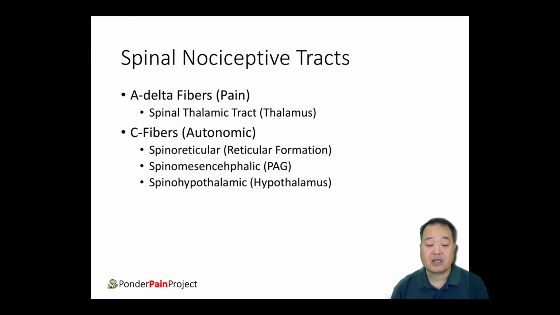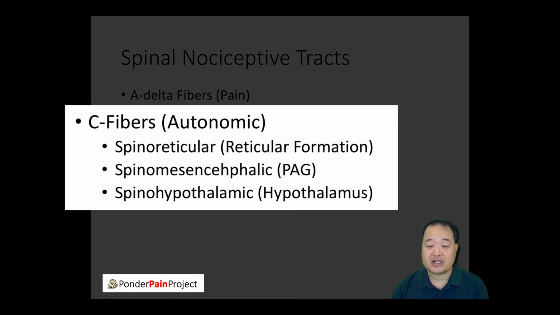The C fibers synapse at various regions. Remember, they synapse subthalamically, so in this case they synapse in the brainstem, in the reticular formation, in the periaqueductal gray, and in the hypothalamus. These tracts are named after where they synapse. The C fibers will transmit information to the reticular formation through the spinoreticular tract.